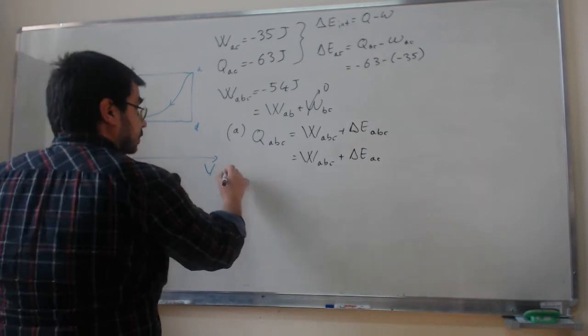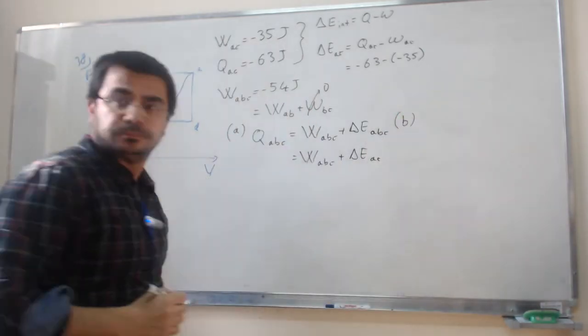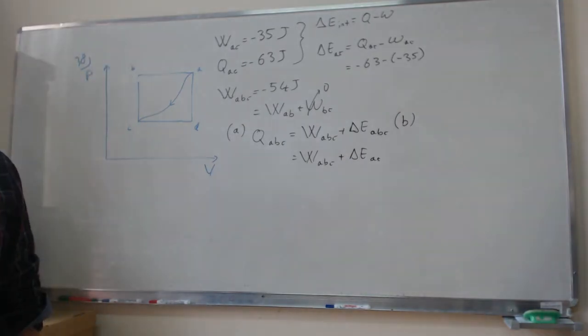So for part B: if P_C is half P_B, what is W for path CDA?